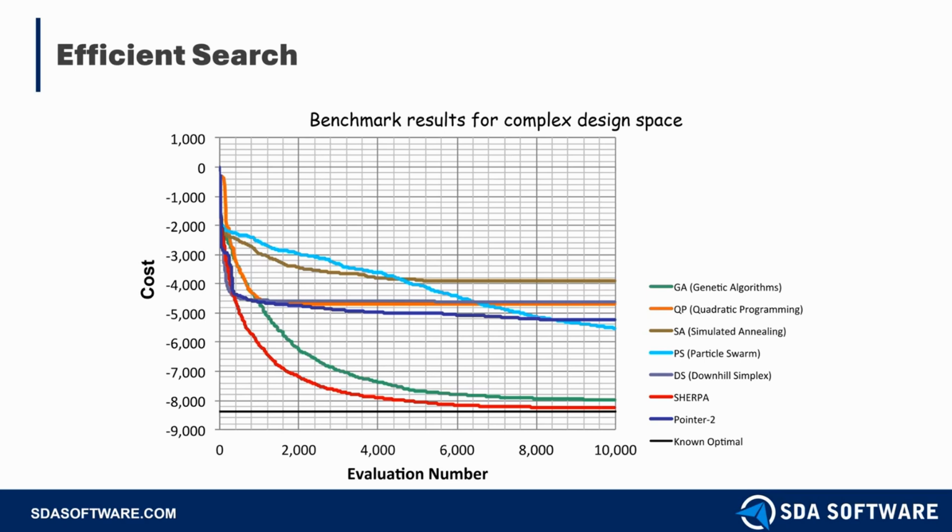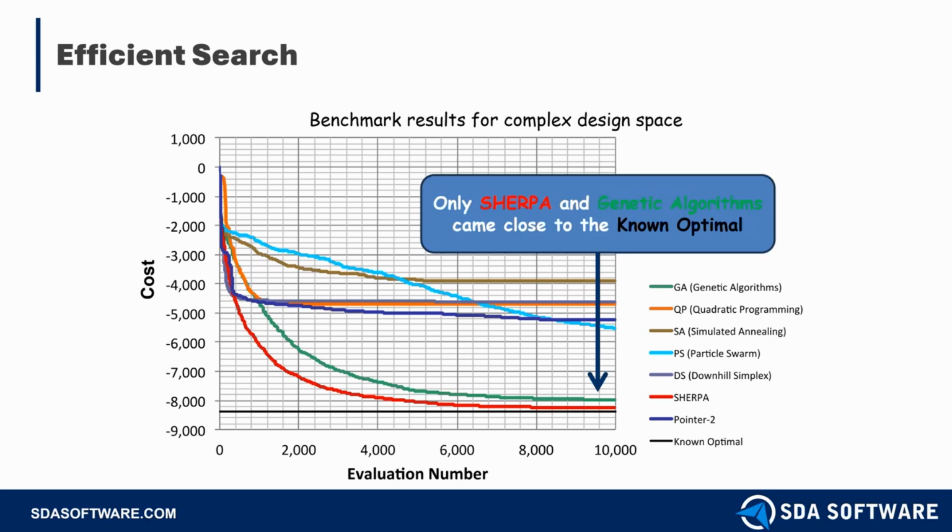And the horizontal is the evaluation number, basically saying how many analyses you need to run to reduce the cost by a certain amount. If we look at this graph, at the bottom, once again, we have this solid black line indicating the known optimal. And no surprise, only SHARPA and maybe the genetic algorithm came close to the known optimal.